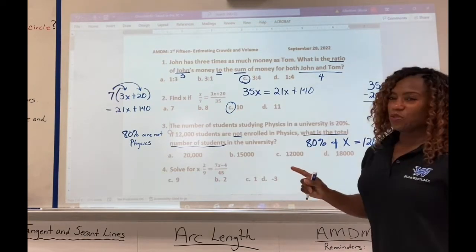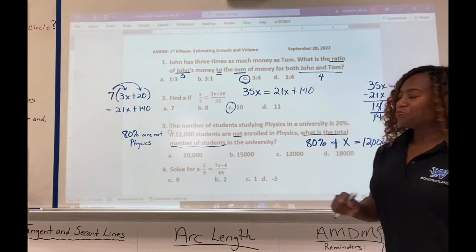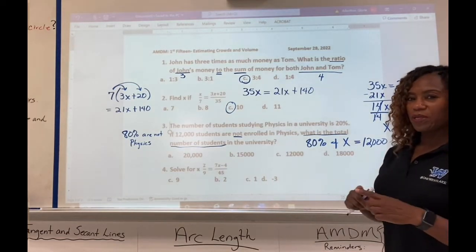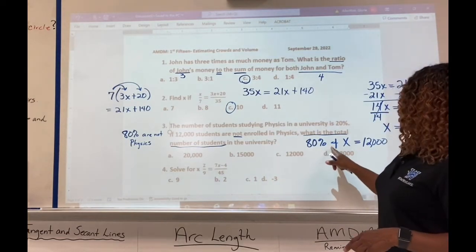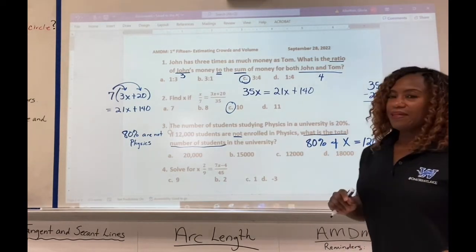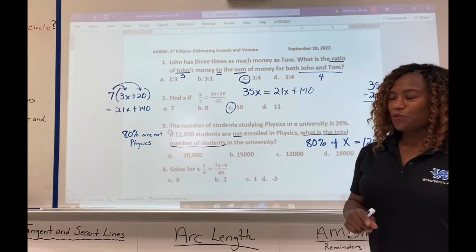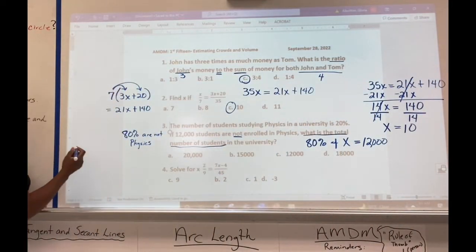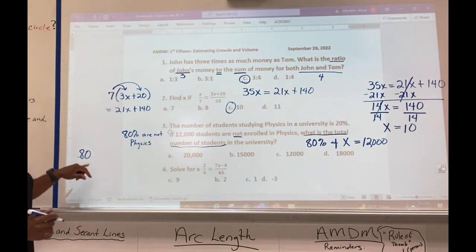Now, before I actually work this out, a couple things I've got to do. I need to recognize that in math, the word of represents multiplication. So it's 80% times whatever this amount is. And secondly, I've got to change that percent to a decimal in order to work with it. So instead of 80%, I'm going to put 0.80. Or I could just put 0.8. You really don't need the 0 at the end.